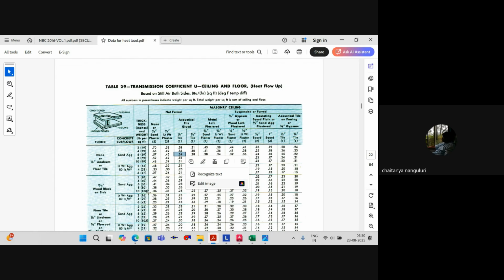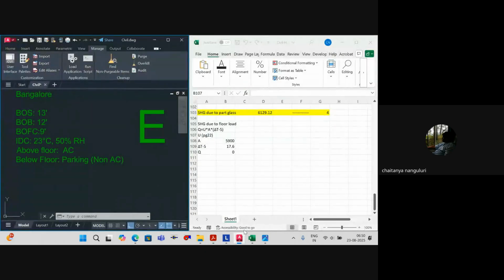Considering this, the U factor is 0.34 because of your floor load. And then area, delta T minus 5, we already got it. So you get this equation.